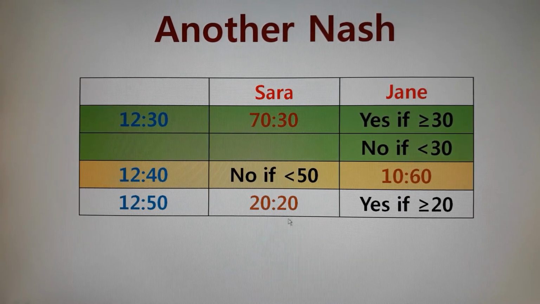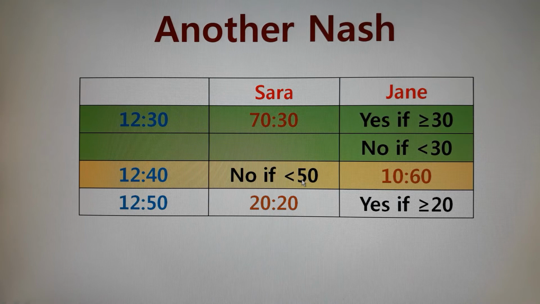So Sarah would get 20, Jane would get 20. Okay, but then at 70-30, they think. Sarah says, oh, if I offer something less than 30 and go to the next phase, I'll get 20. So 70 is the best I can do. Jane says, I'm offered 30, oh, too little, but if I go one more step, I'll get only 20.